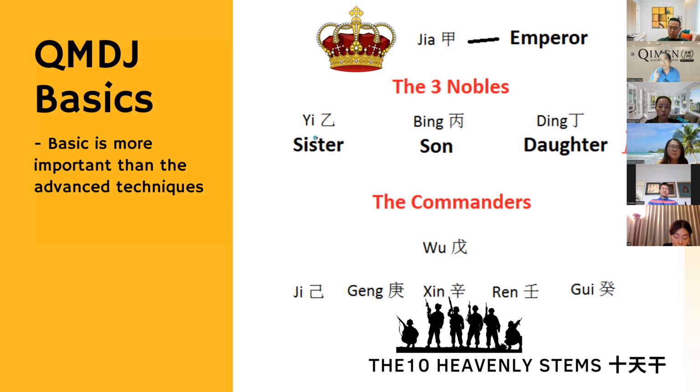The idea is, if both countries have a relationship through marriage, the Geng will not fight the Jia anymore. So his first idea is to use the Yi to control the Geng. That means get married.